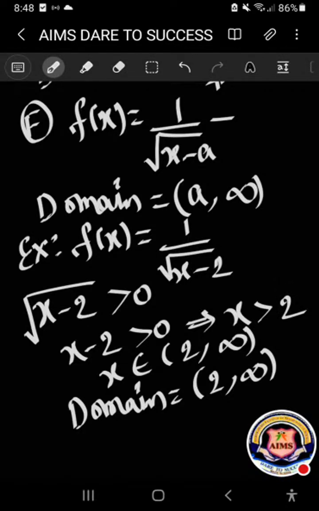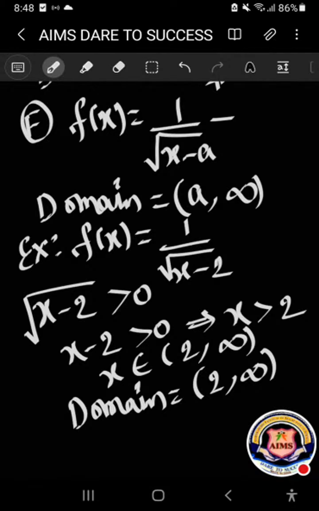So my dear students, according to this concept you can practice some more problems. You will get it. Practice one by one questions, you will get it. Okay, my dear students, now I am giving you one example for this concept.